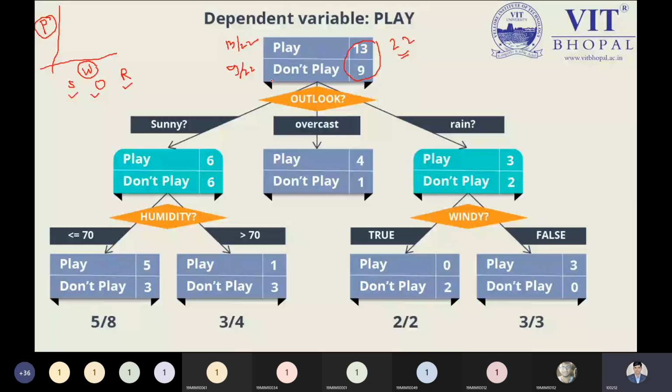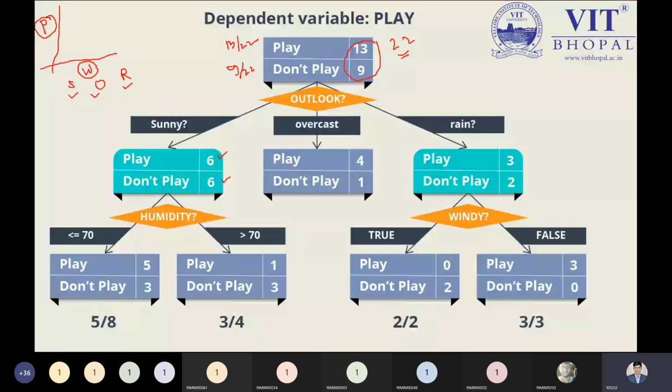But from this 22 data, we found some information. If the weather is sunny, please understand this point, then 6 people are ready to play the game and the don't play people are also six.